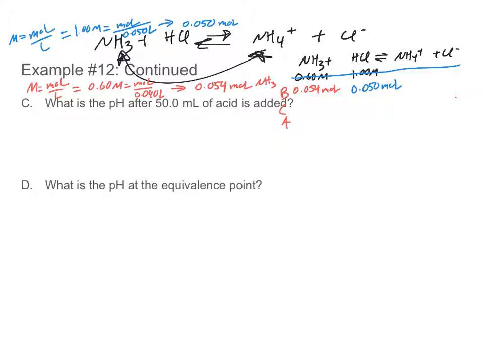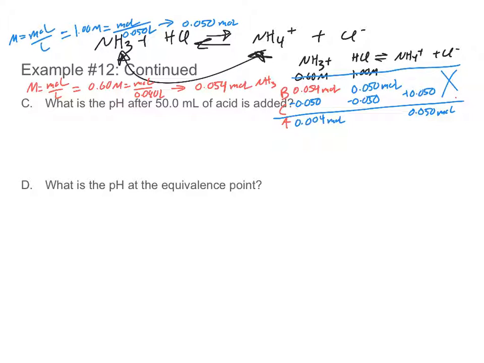So I'm going to subtract, and so in this case here, I have 0.004 moles left over and 0.050 moles produced. Okay, and I'm ignoring that.